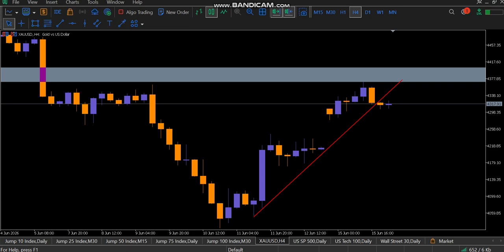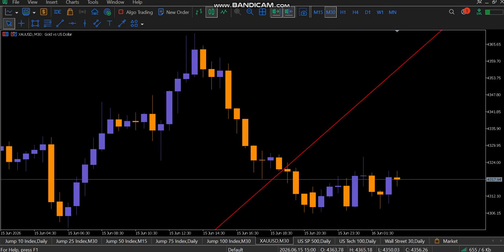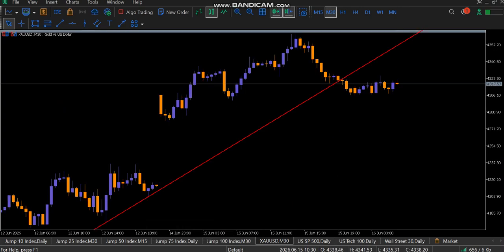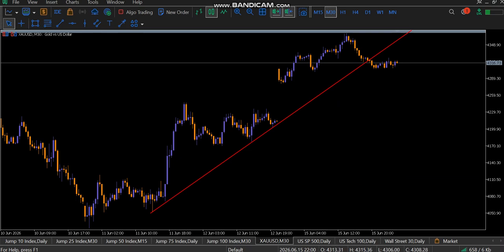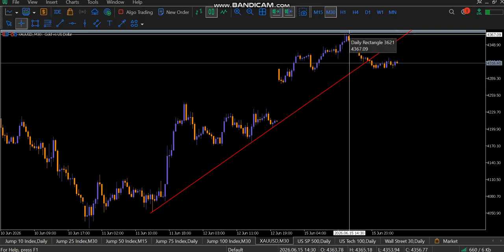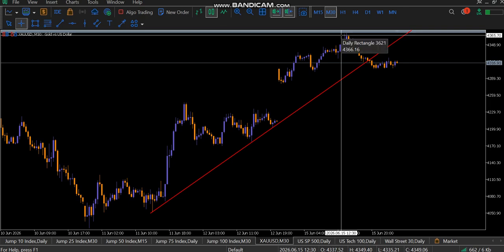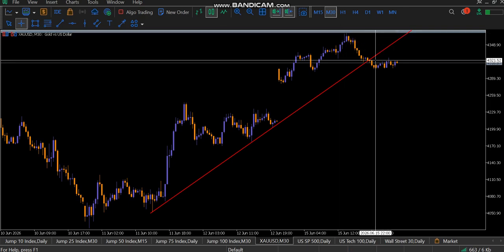So what should we be expecting? In my own opinion, as I have seen on Jump 50 last week or so, when there's a break of a trend line, there's a high probability that price is going to come back to that exact place that the price started moving from for the break.